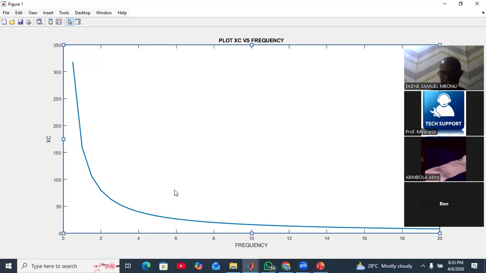Well, we all did fundamental physics now. This is graph of impedance versus frequency. So as the frequency is increasing, what happens to impedance? I think it reduces.